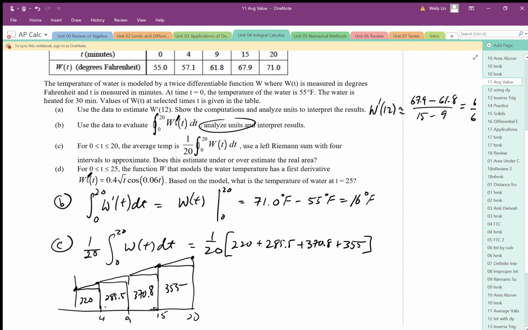Okay, so I'm getting the average temperature of this interval is going to be 61.565. So I'm just going to round that to 57 degrees Fahrenheit. Okay, so that's the temperature times time divided by the interval time with 20 minutes, so the units are still consistent.